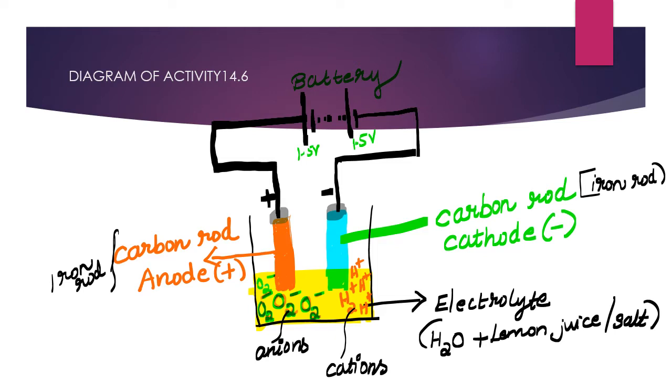What is the reason? The one connected to the positive terminal is named positive, and the one connected to the negative terminal is named negative. Positive is named anode, negative is named cathode. Different types of ions are formed by the dissociation.